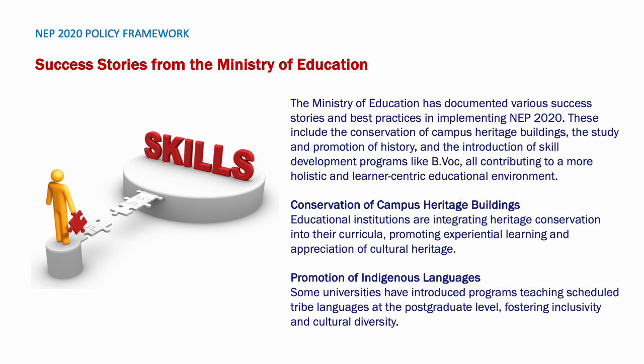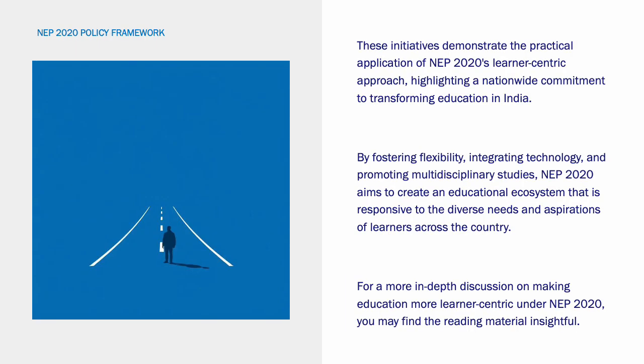Some universities have introduced programs teaching scheduled tribe languages at the postgraduate level, fostering inclusivity and cultural diversity. These initiatives demonstrate the practical application of NEP 2020's learner-centric approach, highlighting a nationwide commitment to transforming education in India.